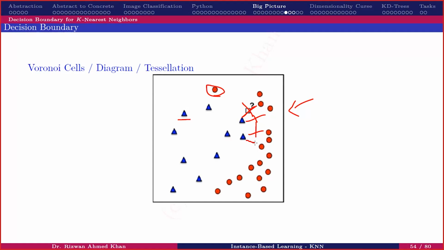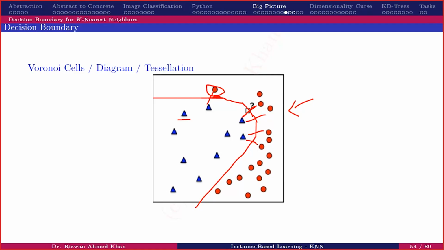If these two are different points, their normal bisector would be like this. So it's something like that. And these two again are different, so this is their normal bisector. So this would be the kind of decision boundary the kNN algorithm will induce if k equal to 1.